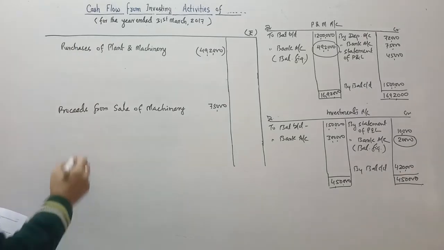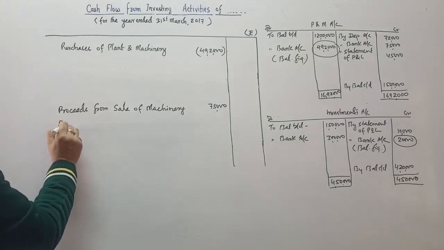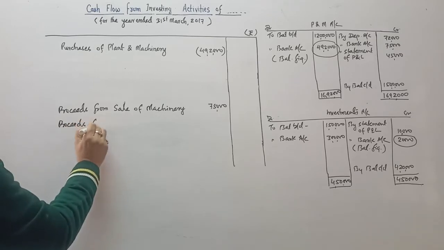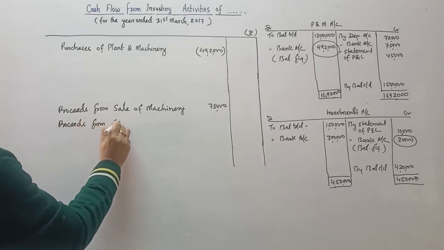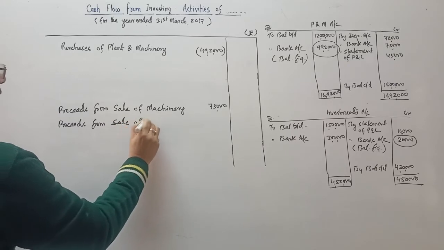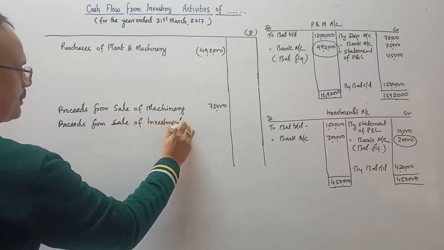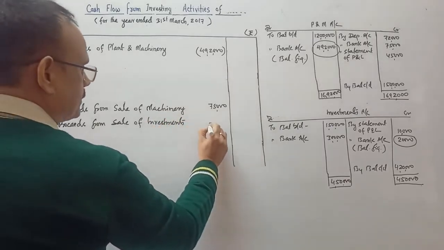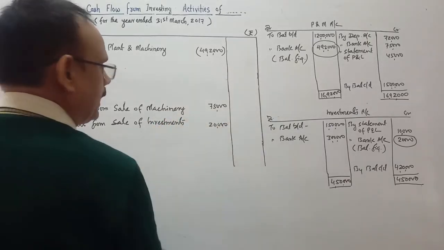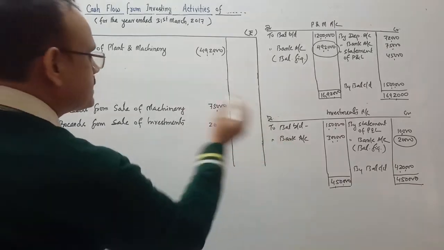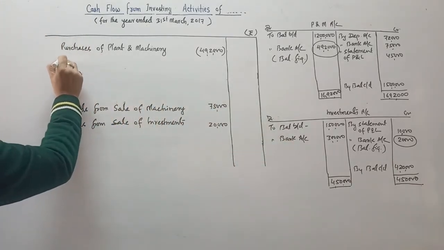So when we sell the investment, proceeds from sale of investments, it is 20,000. And when we purchase the investment, it's an outflow.